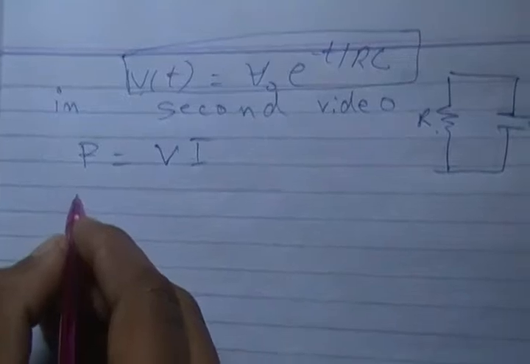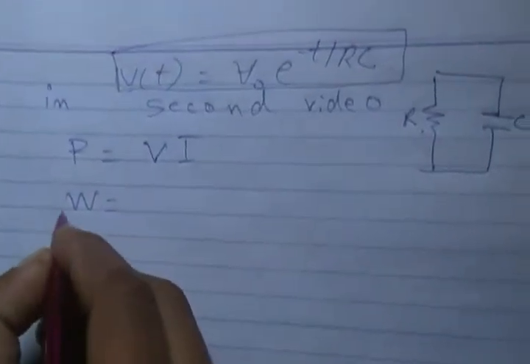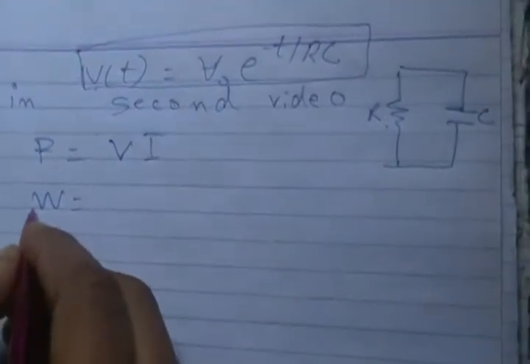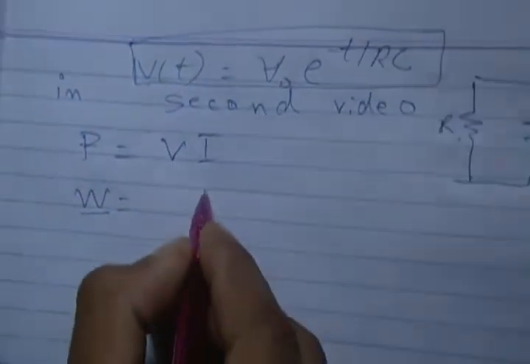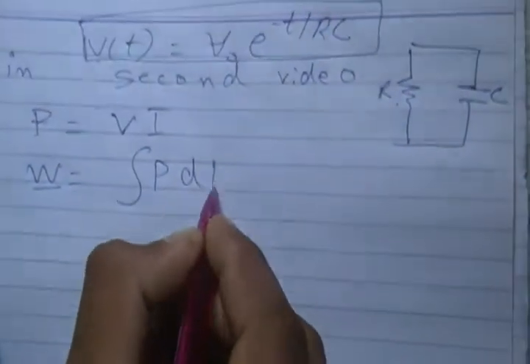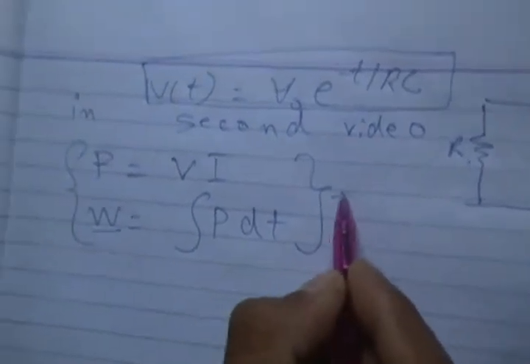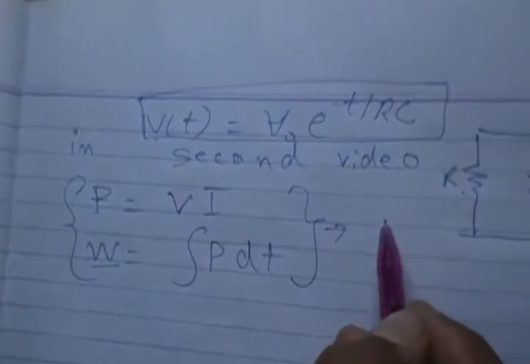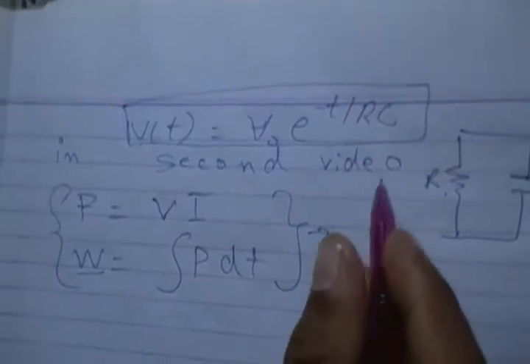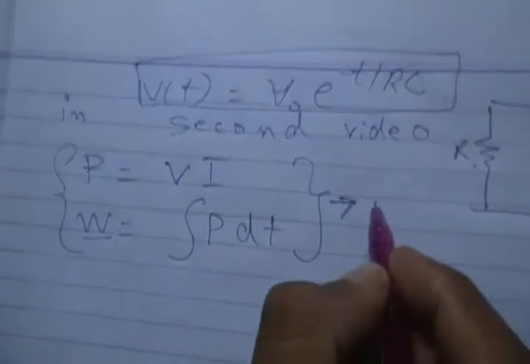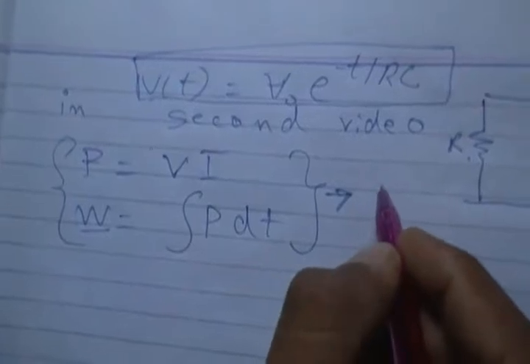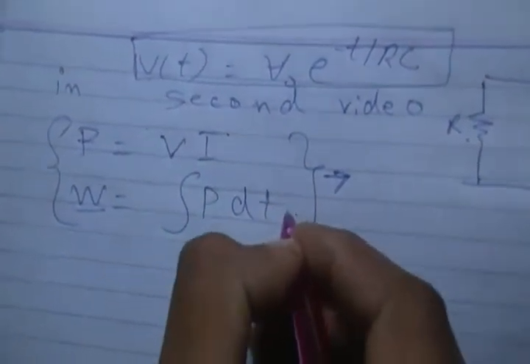And W, which is the energy, you can also find, which can be determined by integration of power with respect to dt. So this you should try. If you can't do this, then you can tell me in the comments. I will make another video to try this.